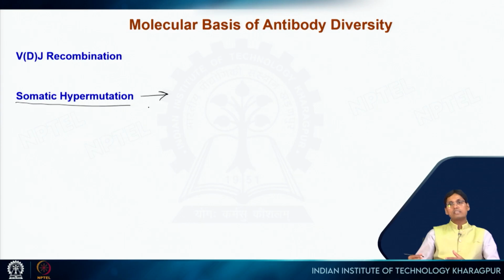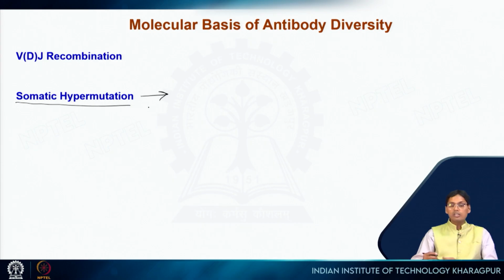So after that recombination, some kind of mutation happens, hypermutation, lots of different types of random mutation, in the gene which produces this antibody, not TCR anymore, antibody. As a result, they shuffle different types of antibody and they select the best antibody which can bind very tightly to the antigen.